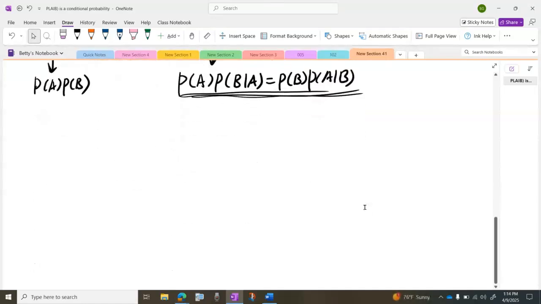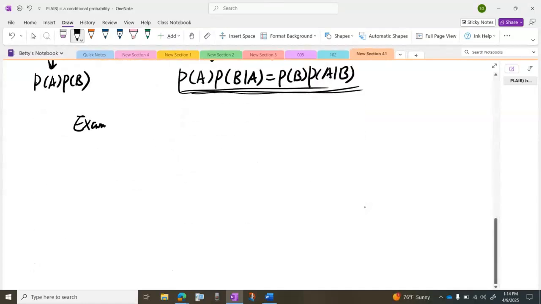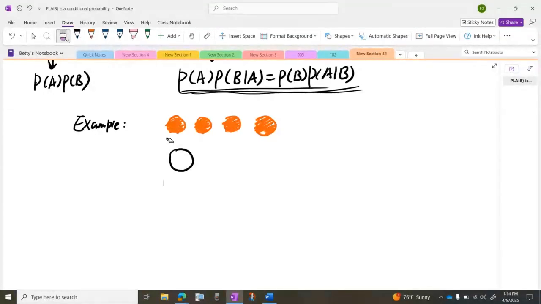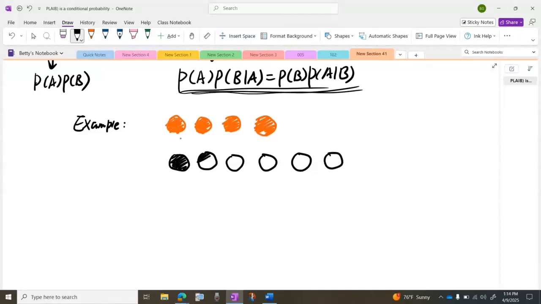So let's consider another example. The setting of the example is we have a black bag.